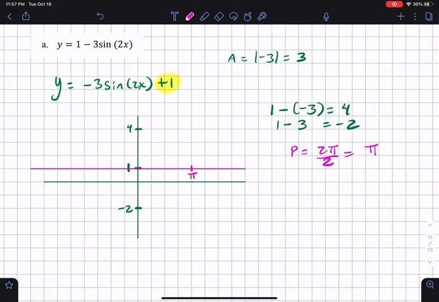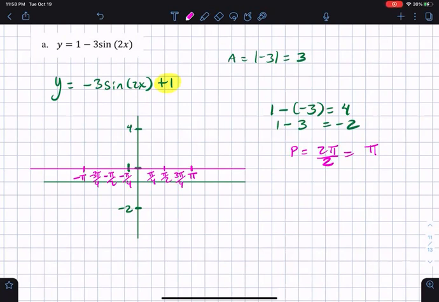Then we can say here pi over 4, here pi over 2, and here 3 pi over 4. And the same story on the other side, right? Negative pi over 4, negative pi over 2, negative 3 pi over 4, and then negative pi. So that's 2 periods right there, right?